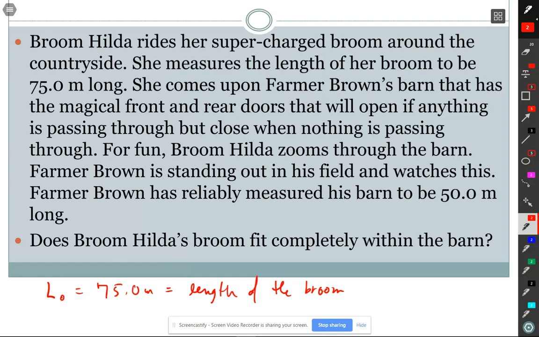Now, Farmer Brown, he's out standing in his field. And he has measured his barn reliably to be 50 meters long. Is that a proper length or a contracted length? It's proper, right. And so I'm going to put B0 for the length of the barn.